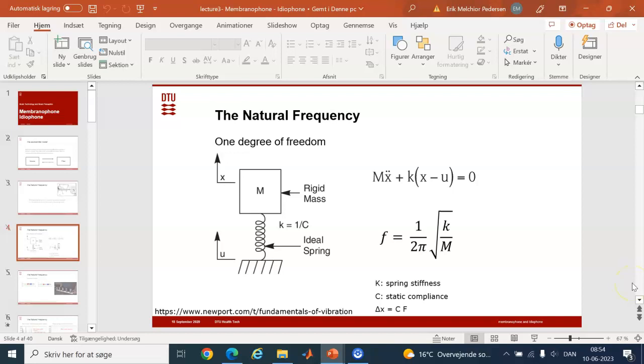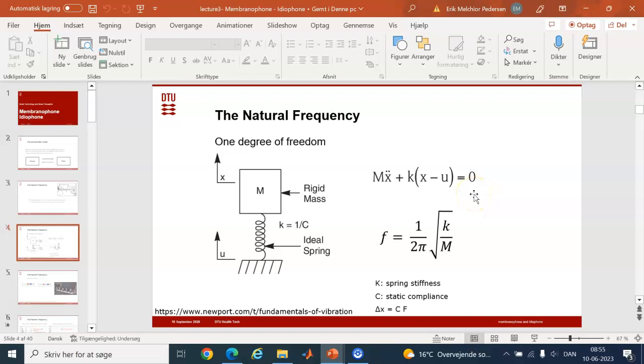The one degree of freedom. We have a rigid mass and an ideal spring. The equation is m times x double dot, mass times acceleration, plus k, the spring stiffness, times x minus u, equals 0.